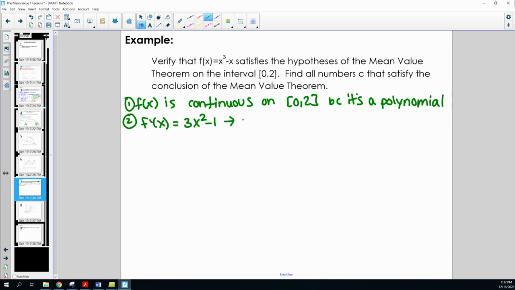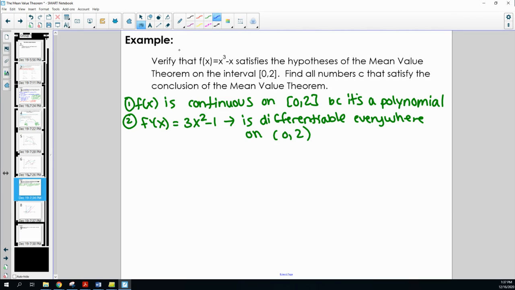So I will just write that here and say that it is differentiable everywhere on 0 to 2. So since both of these are true, I'm verifying that it does satisfy the hypotheses of the mean value theorem.